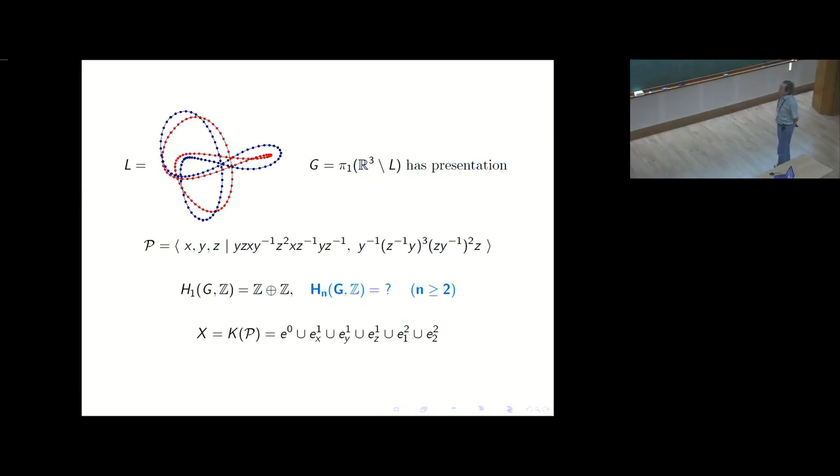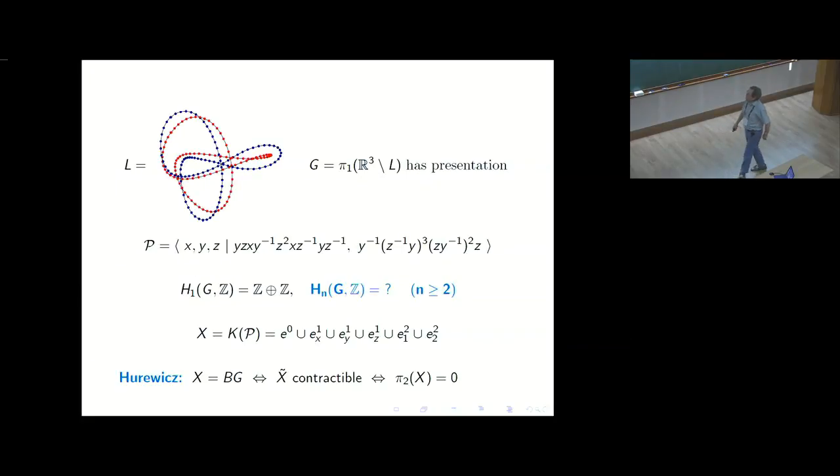The presentation I'd rather think of as a 2-dimensional CW space. It's a space with a single 0 cell, 2 1 cells corresponding to the edges, and 2 2-dimensional cells corresponding to the relators.